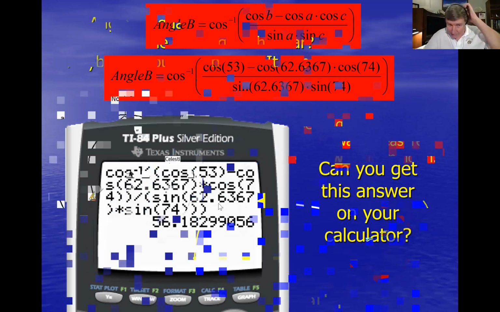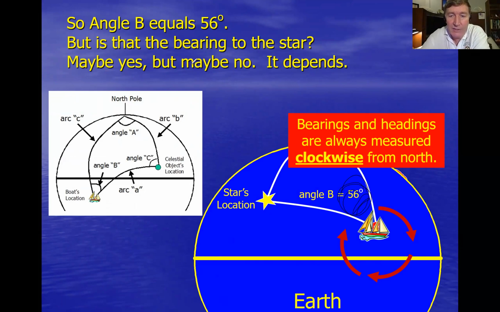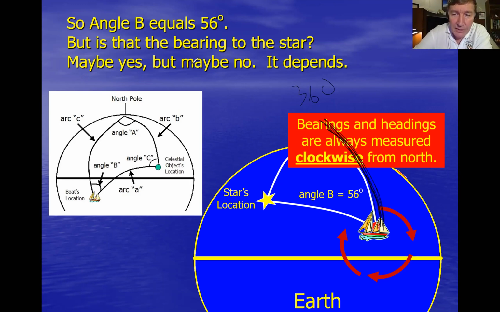I'm going to skip over a couple of things here. By using our knowledge of trigonometry, we can figure out that this angle right here is 56 degrees. Remember, this line right here is the line from the boat to the North Pole, and that is 360 degrees.